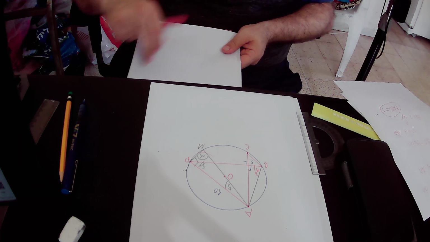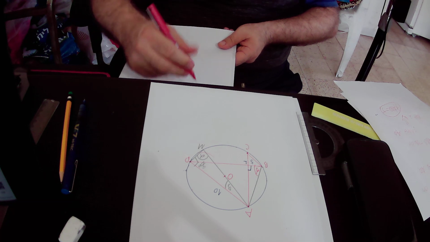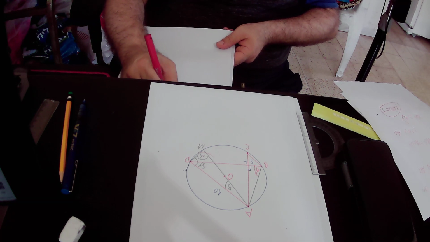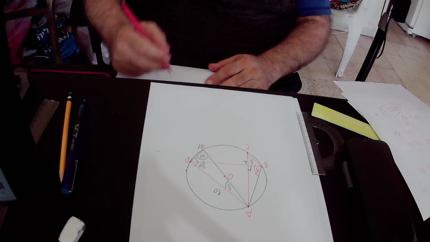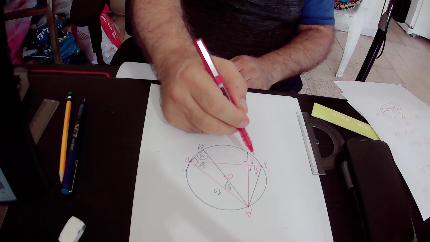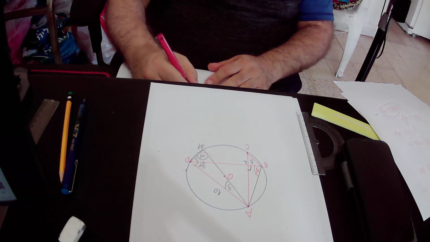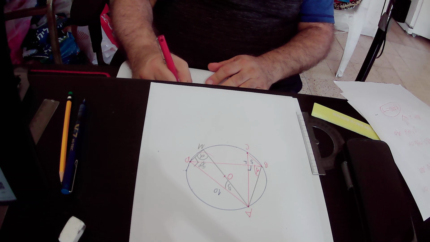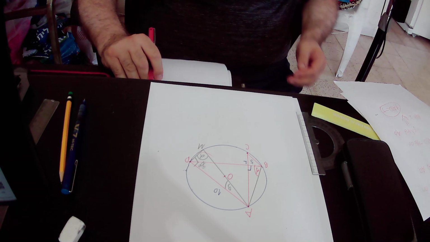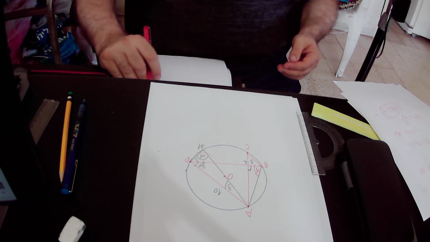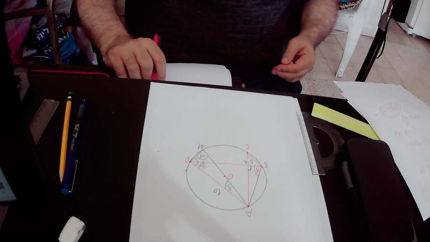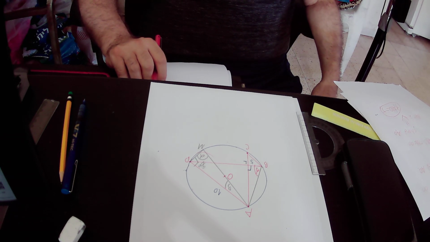So actually, we will now focus on the right triangle ABL. In triangle ABL, the sum of the angles in any triangle equals 180 degrees.